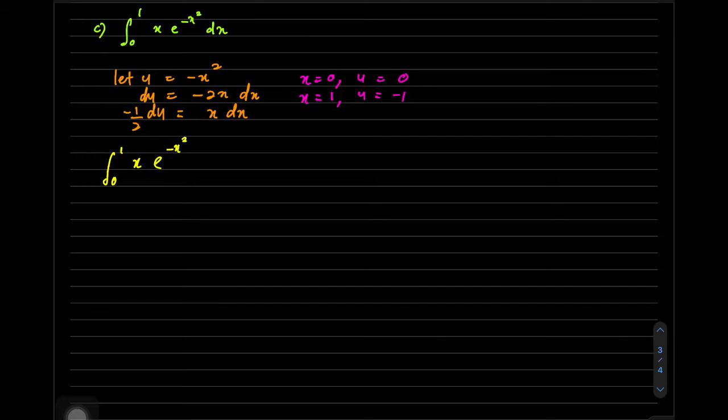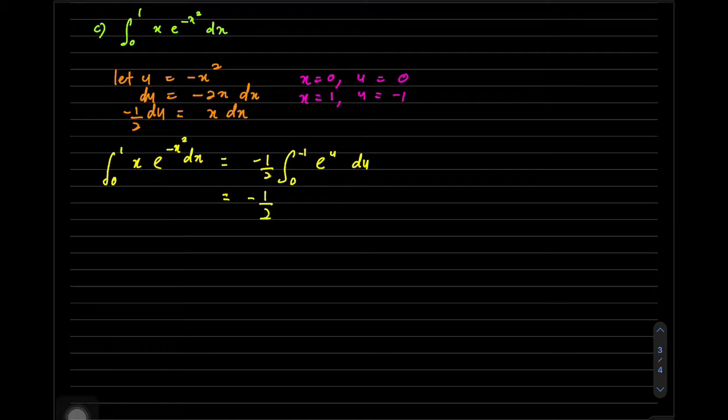So integrate x e power of negative x squared dx with the limit of 0 until 1 is equivalent to negative 1 over 2 du. Then the limit is 0 until negative 1. Our e power of negative x squared is equivalent to e power of u.